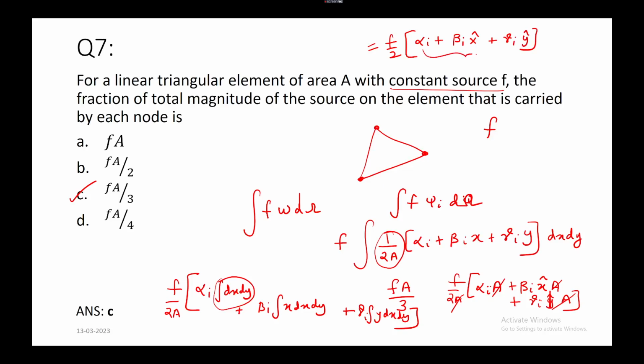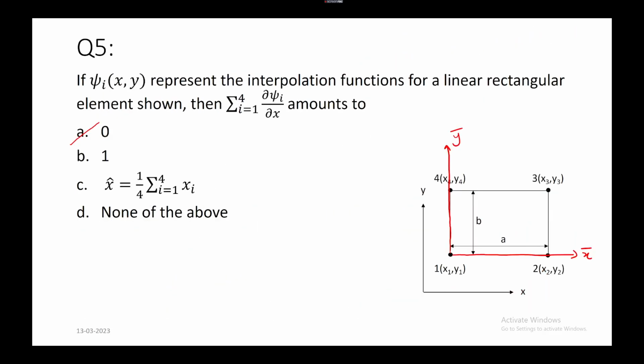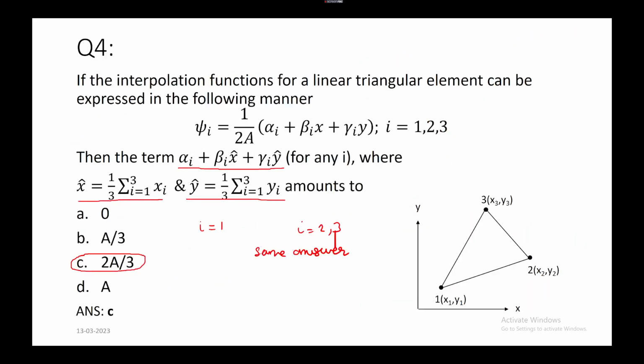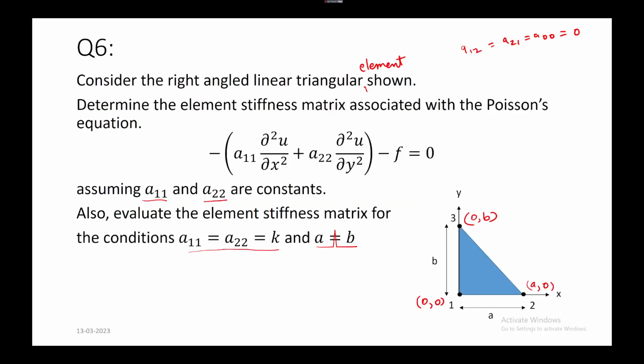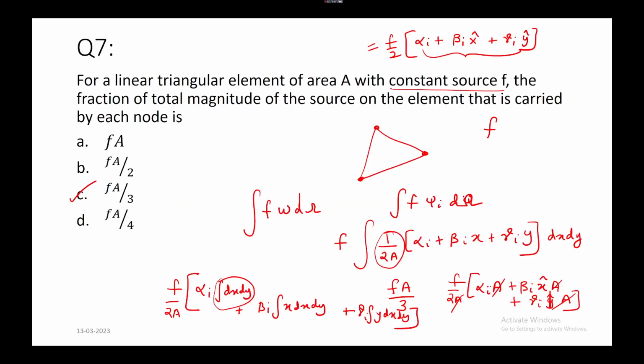This we already saw, right? If you go to the previous question, we saw that this entire alpha I plus beta I x cap plus gamma I y cap is 2a by 3, correct? So if I put f by 2 into 2a by 3, the 2 cancels and finally I'll get the value fa by 3.